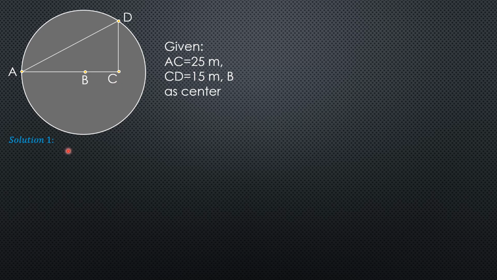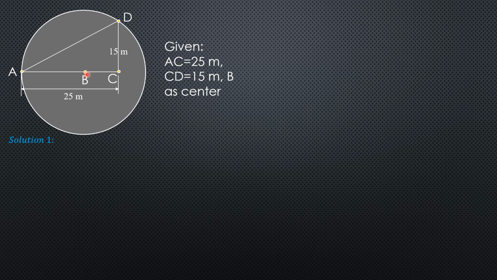So I'll present four solutions. This is the first approach. So AC is given 25 and CD is equal to 15 meters. Therefore, if we denote the radius of the circle, which is AB, because B is the center, as R, the area of the circle is pi r square.